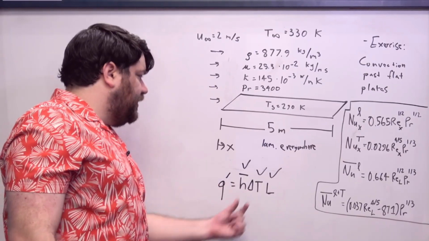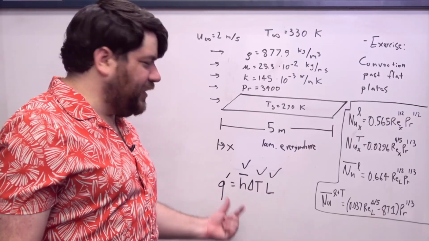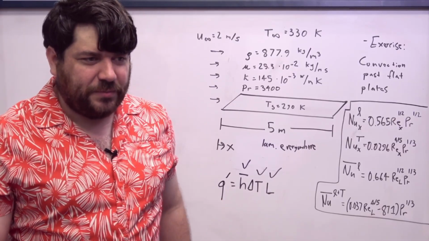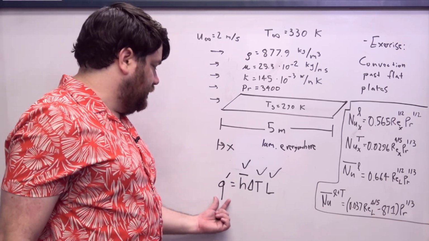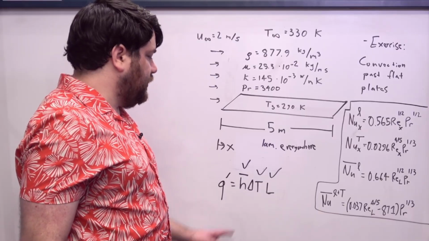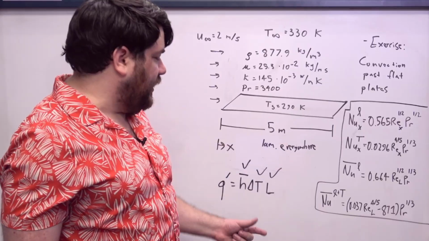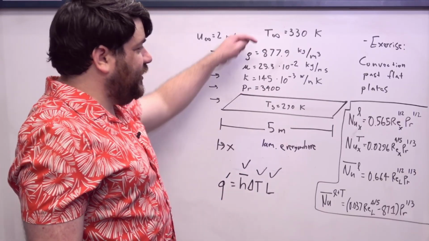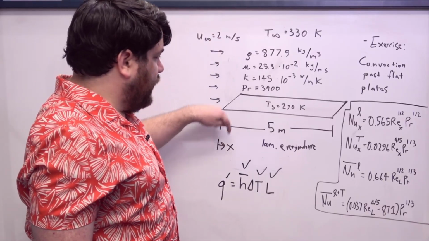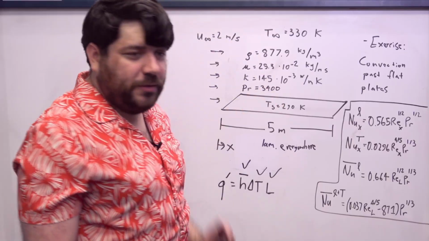And once again, this delta T is defined in such a way that you try to get the quantity that you're pulling out to be consistent with its description. So, for example, if I wanted this number to be positive, then I want to make sure that the delta T that I use is T infinity minus Ts, so that this delta T is positive too. And then this Q prime is telling me the heat transfer rate per unit width, the net heat transfer rate per unit width into the plate.